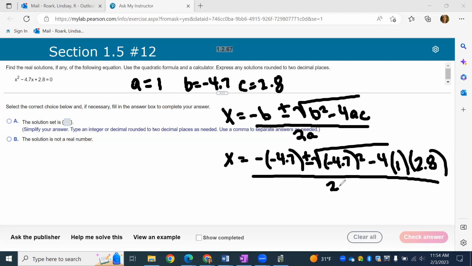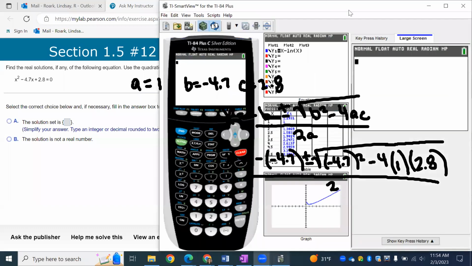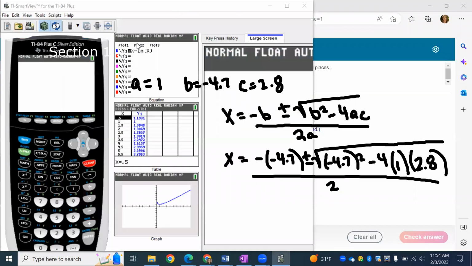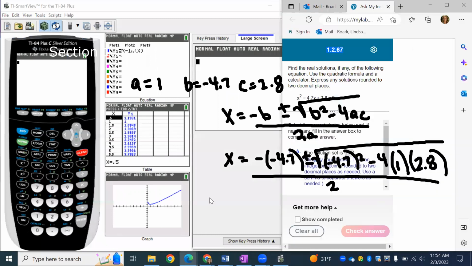If a is 1, sometimes I'll just write 2 because it's one less thing to do. The challenging part from here is often the negatives, especially when we have to use a calculator to simplify this.